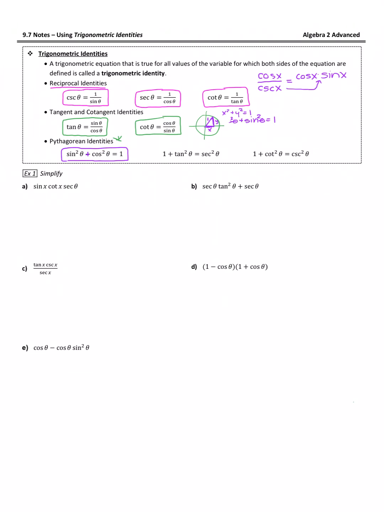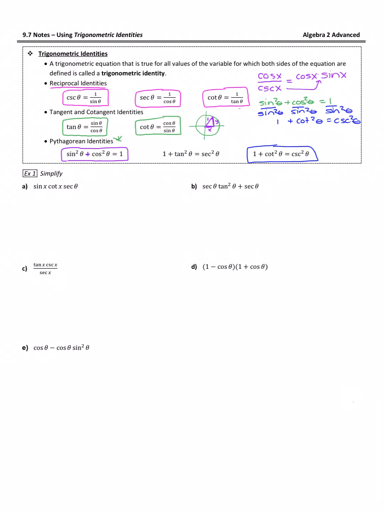If I had sine squared theta plus cosine squared theta equals 1, and I don't remember the other two identities, you can quickly derive them by dividing everything by sine squared, and notice what this gives me is 1 plus cotangent squared equals cosecant squared. That would be this identity.